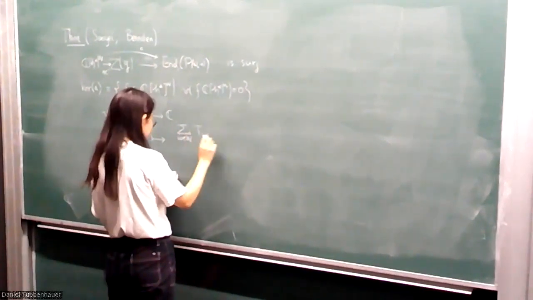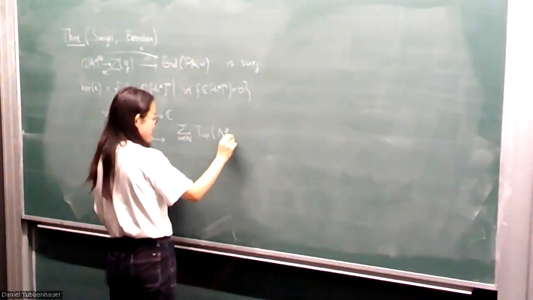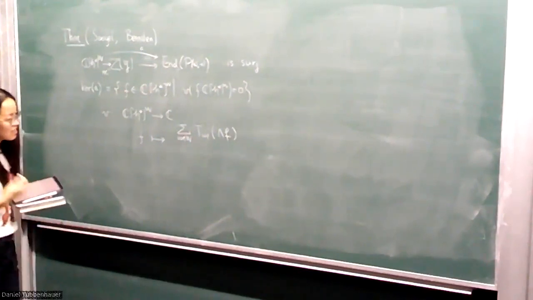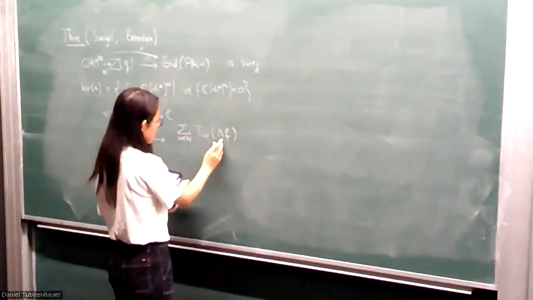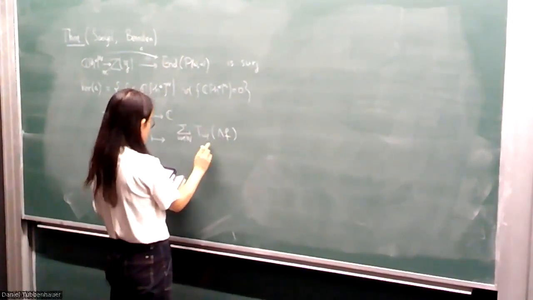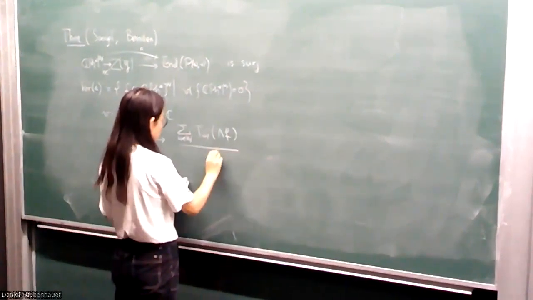So this I will explain later. Lambda is as before, so it's the product of coordinates, the positive roots, and this is the shift action by lambda.